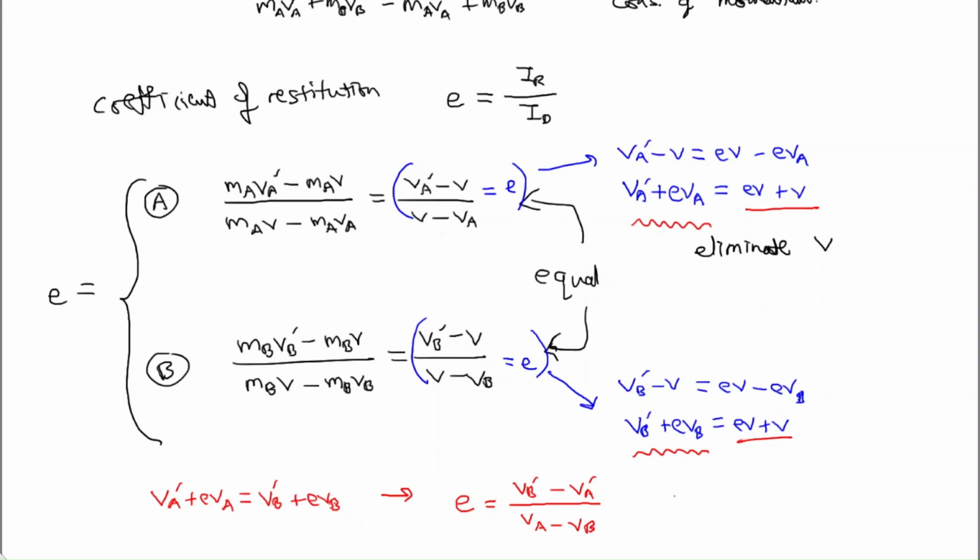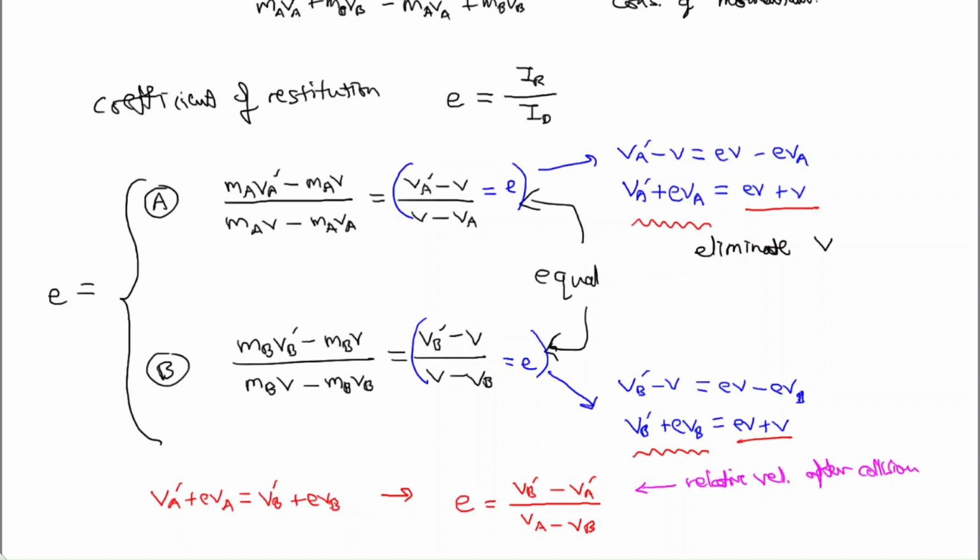Now we can identify a couple of interpretations for the numerator and denominator. The numerator is the relative velocity of the two particles after the collision.